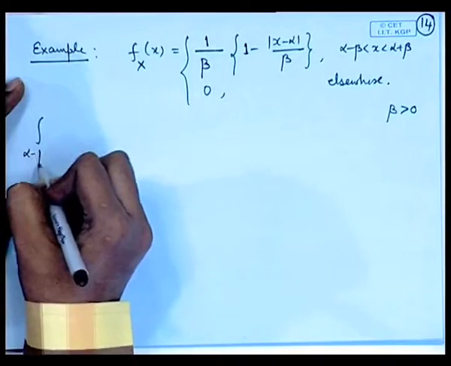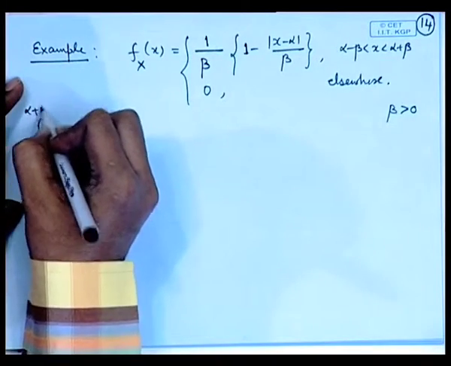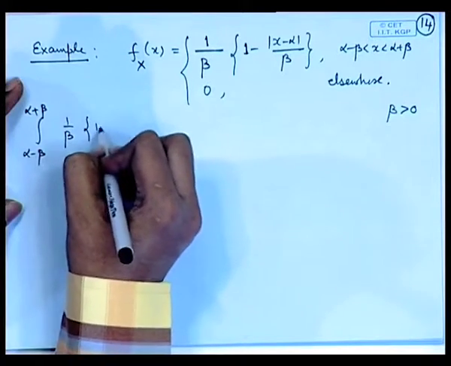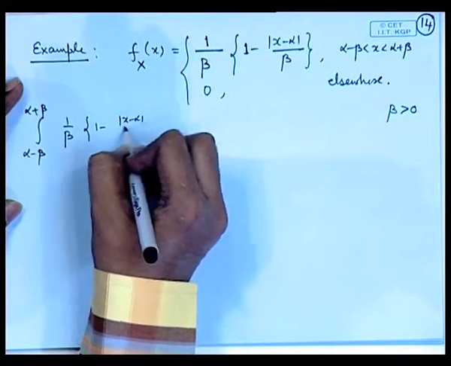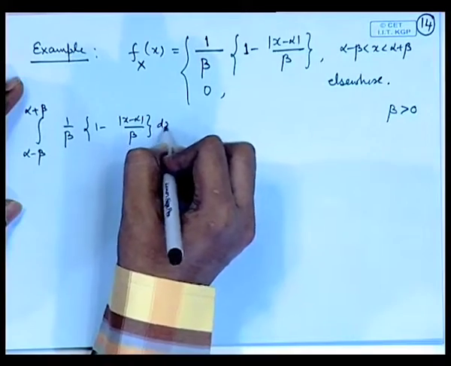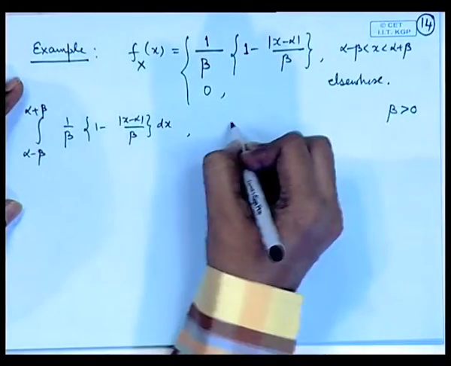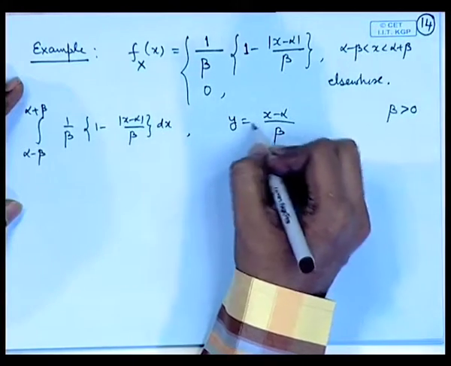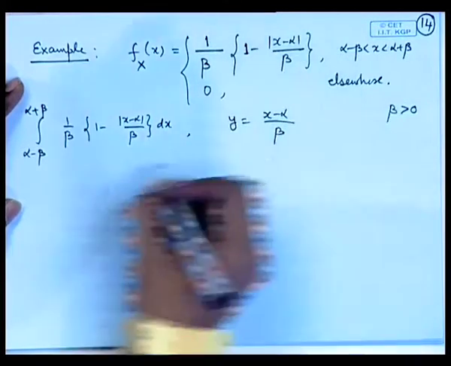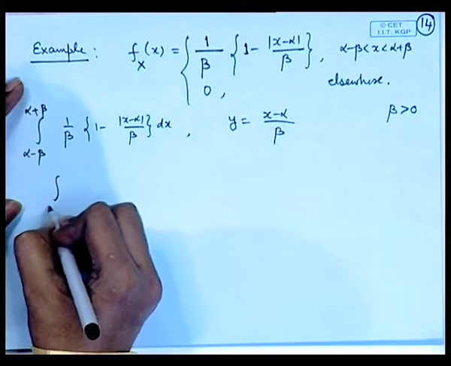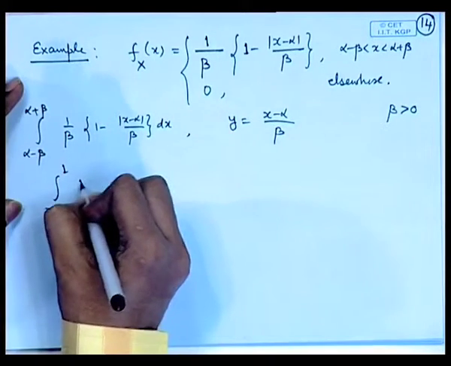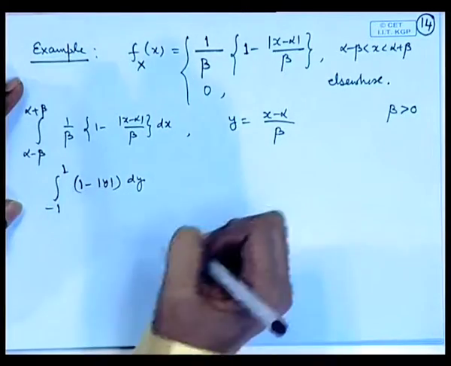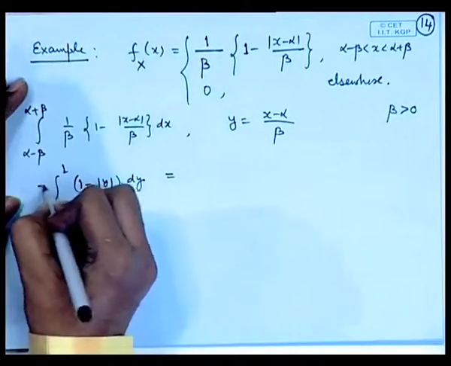Now, we look at the integral of the density over the region. In order to resolve this in a simple way, we can consider the transformation y is equal to x minus alpha by beta. Now, this is a symmetric function.